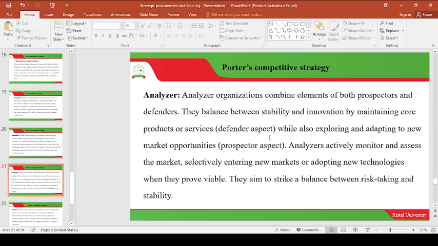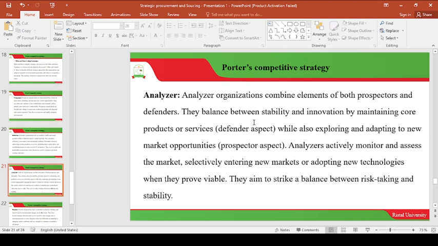So for prospectors, you are a risk taker and you want to explore new products and new markets, and here the organization needs to invest a lot of resources. Under defender, the organization maintains its position by providing its core products.